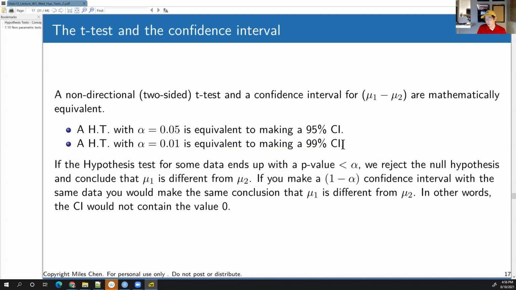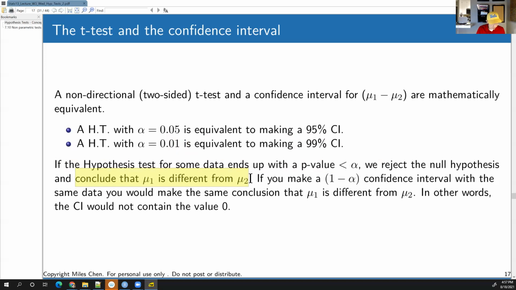So if the hypothesis test for some data ends up with a p-value less than alpha, then we reject the null hypothesis, and our conclusion is that mu1 is different from mu2. The null hypothesis is that they're equal, the alternative is that they are unequal. If your p-value is less than alpha, we come to the conclusion that mu1 is unequal to mu2.